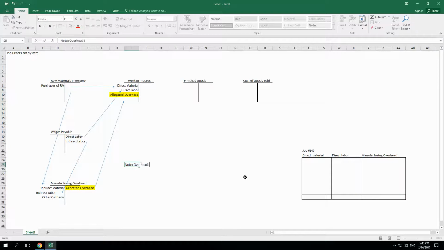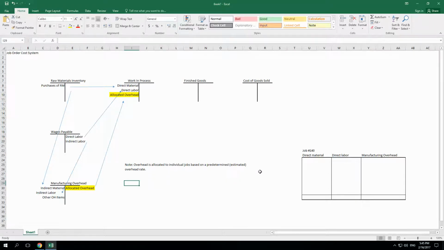Overhead is allocated to individual jobs based on a predetermined, which is an estimate, overhead rate.